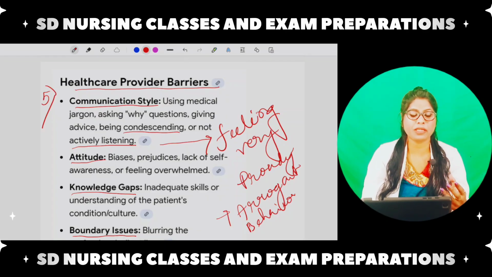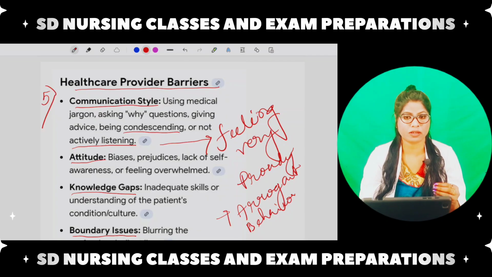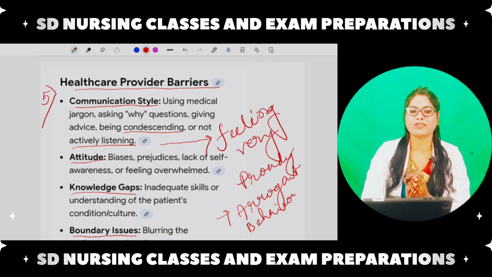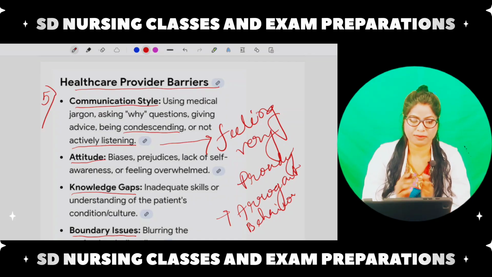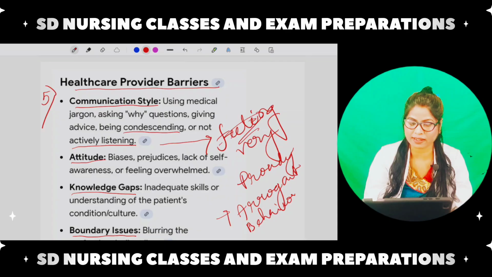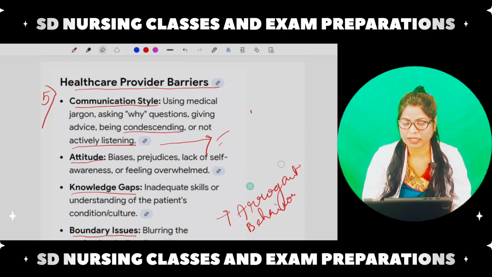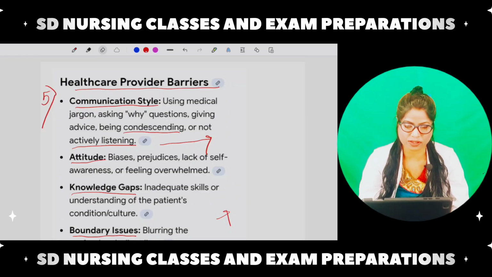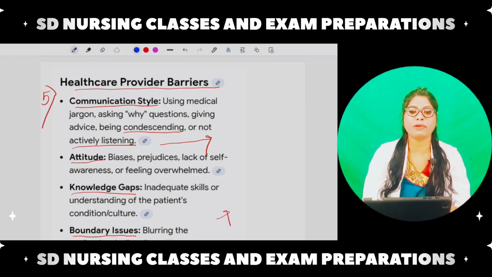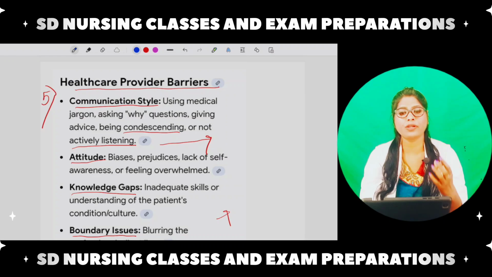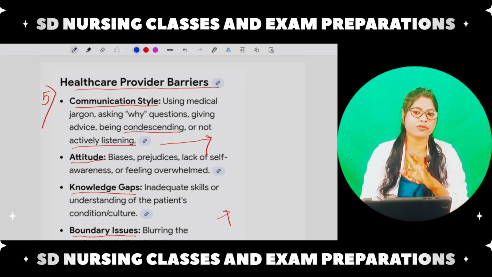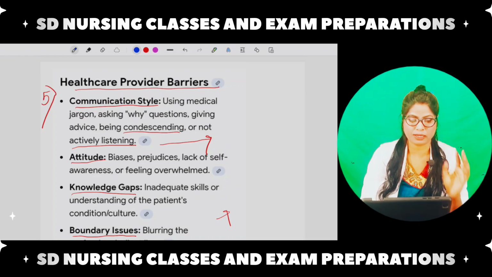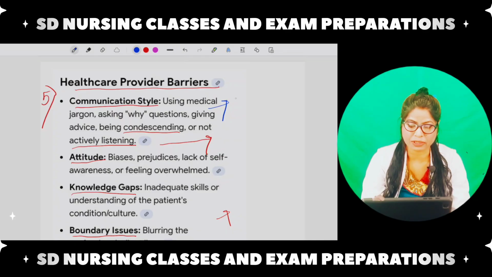If you show this type of behavior, your communication will never be effective, because the patient can't understand. You are not talking to the patient, so how can the patient understand your words? This is a barrier for communication.